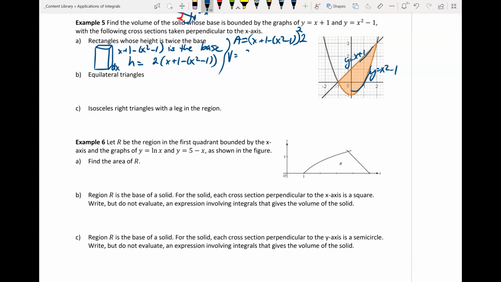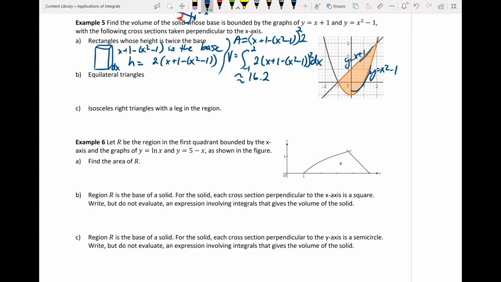Then the volume is from -1 to 2, our most left x value to the most right x value. Then our area that we just found, multiplied by the width. This is going to be about 16.2.